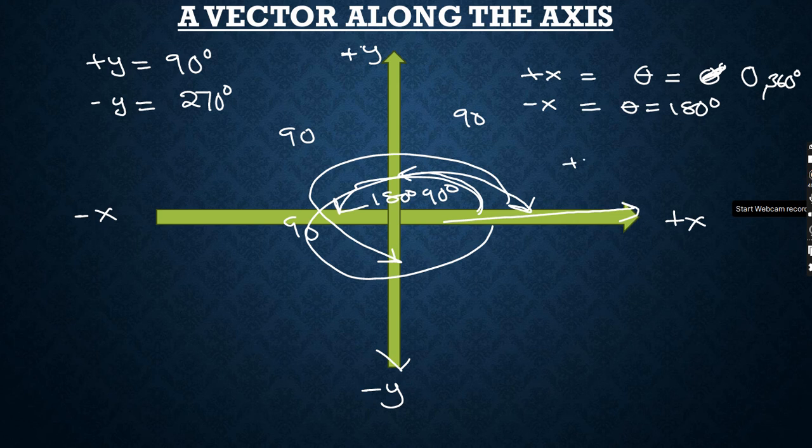So the positive x direction can be 0 degrees, also 360. It is one and the same. For example, try this: say cos 0. You guys need proof. What is cos 0 on your calculator? Cos 0 is 1. What about cos 360?